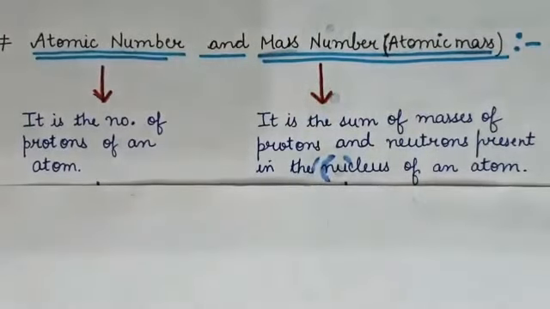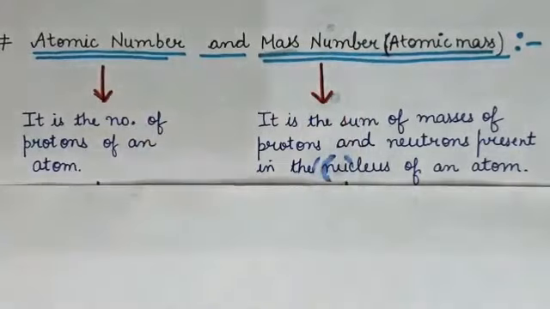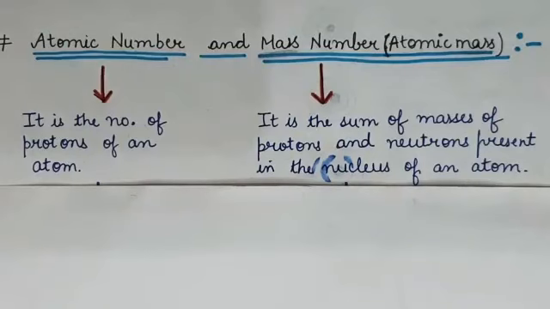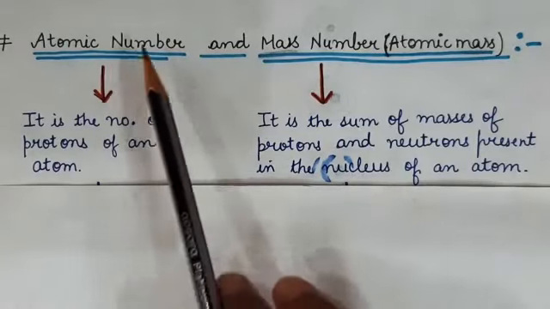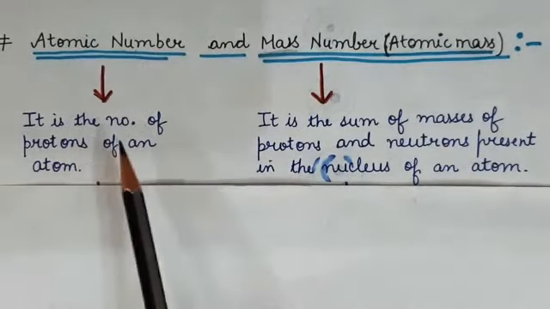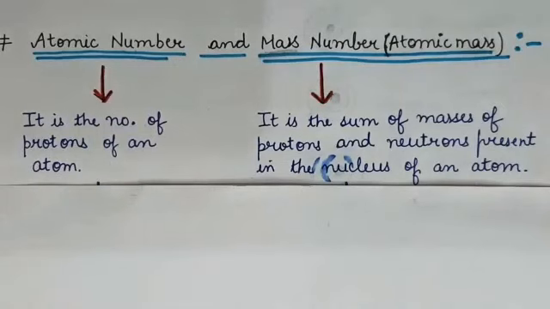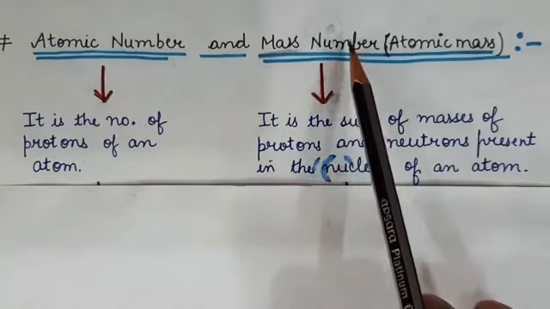Now moving ahead to our next topic, that is atomic number and mass number. Mass number or atomic mass, one and the same thing. What is atomic number? Atomic number is the number of protons in an atom. Okay, if there are 2 protons, the atomic number is 2. And what is mass number?